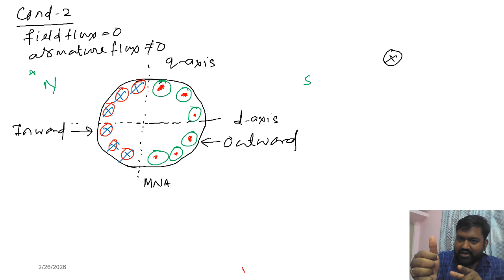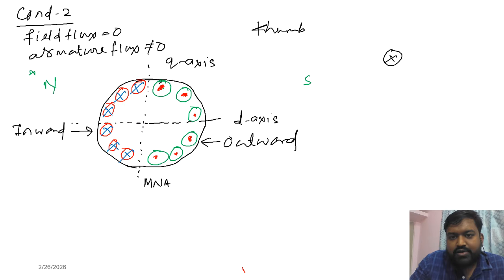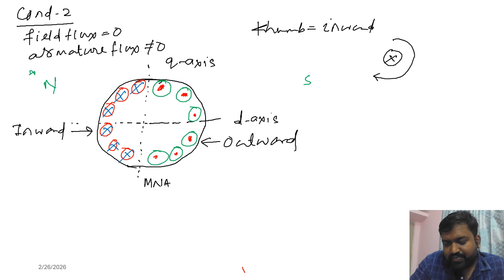Now if it is the inward current, what will happen? The magnetic lines will be in the clockwise direction. If you put your thumb in the inward current direction, then the direction of the magnetic flux is clockwise.